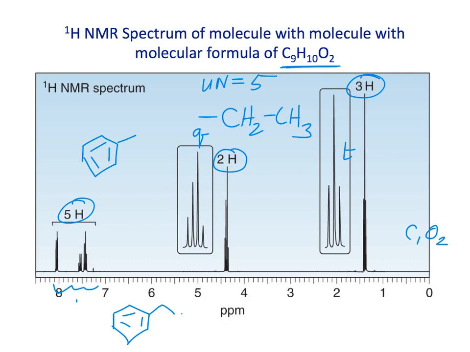We could have an ester that's like this, or we could have an ester that's like this. Right? We're putting in the ester in either of two orientations, right? So we have two constitutional isomers that we could have. So which one of these is the right one?